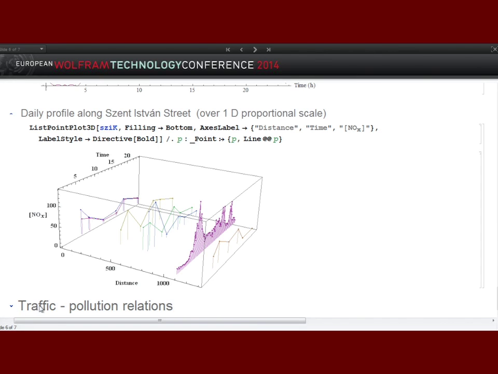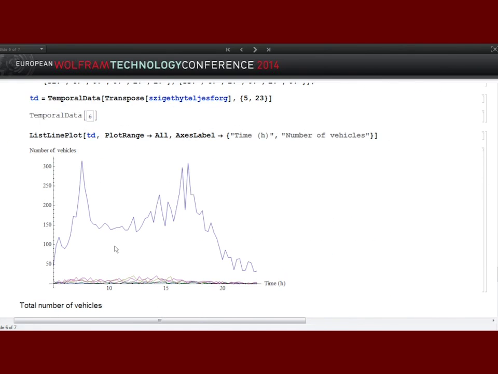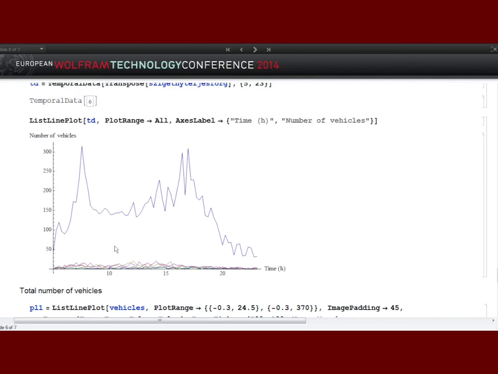What we are interested in next to air pollution is how it's connected to traffic. Here we managed manual traffic counting with different kinds of vehicles. Here are the acoustic categories. These are cars. Predominantly we have cars, so we can sum them all.